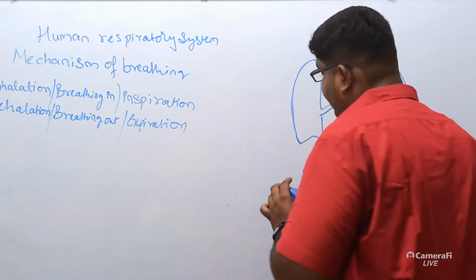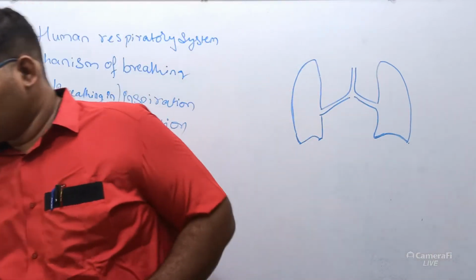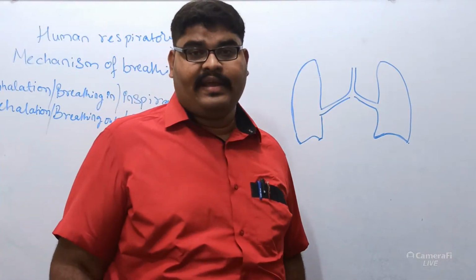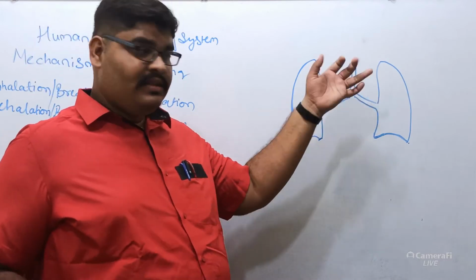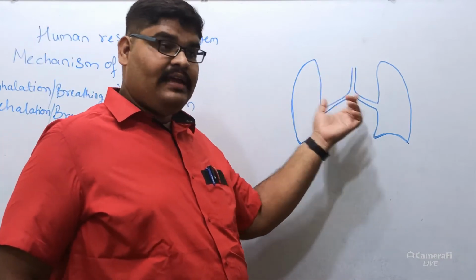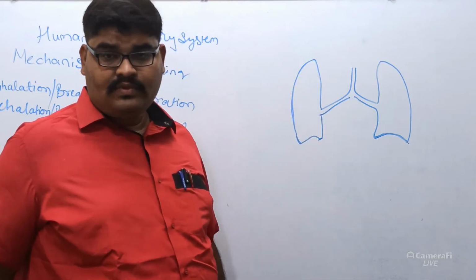This is the rough diagram of your lungs, where I am going to explain the mechanism of breathing. This is the trachea, these are the bronchi, and this is the lung.